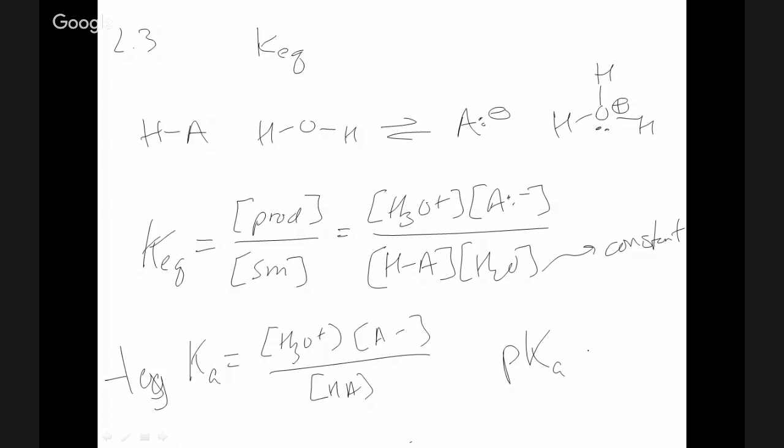Okay. All that does for us is, let me give you ranges. For Ka, you have a range of 10 to the minus 50th, all the way up to 10 to the 50th. This would be the strongest acid. Okay. And when we take minus the log, we sort of invert things and flip it around. So the higher number here means there's more products, means better acid.